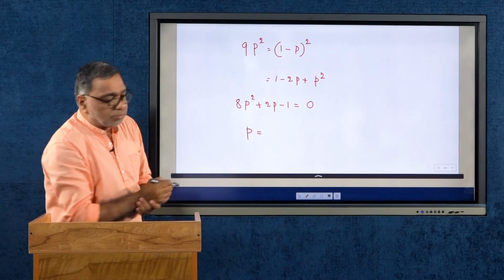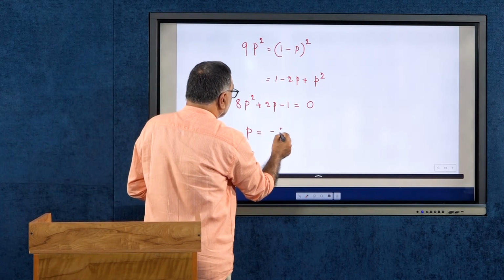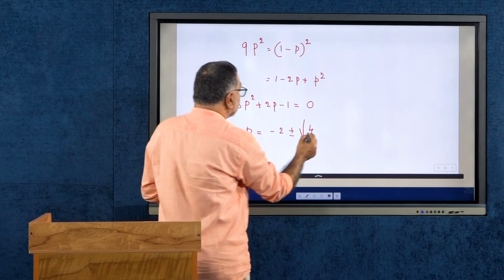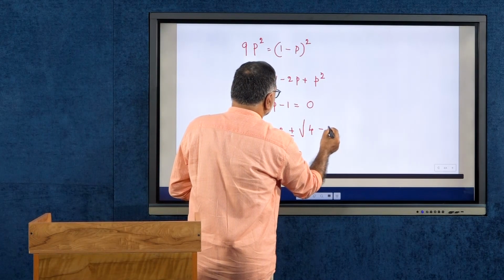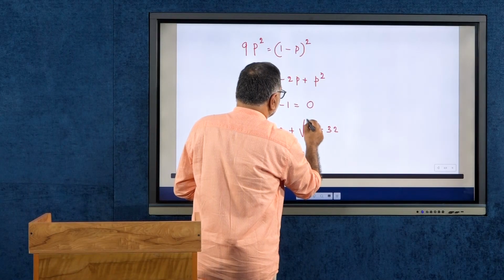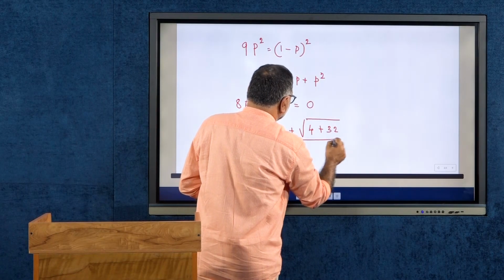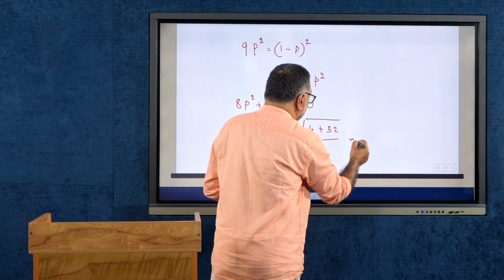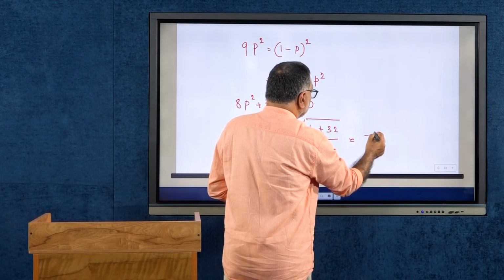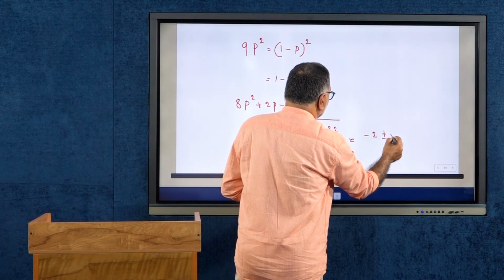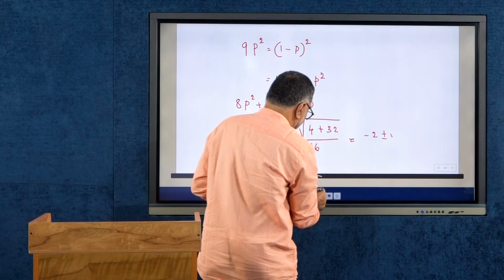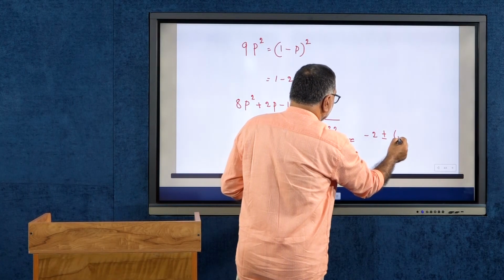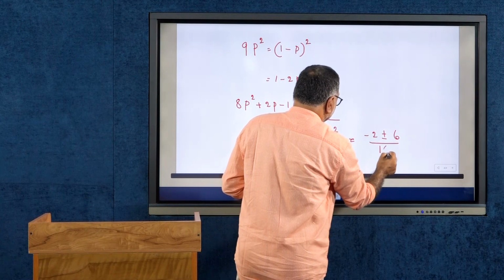p is equal to minus 2 plus or minus root of b square minus 4ac, that is 4 plus 32, divided by 2a, that is 16, which is equal to minus 2 plus or minus root of 36, that is 6, divided by 16.